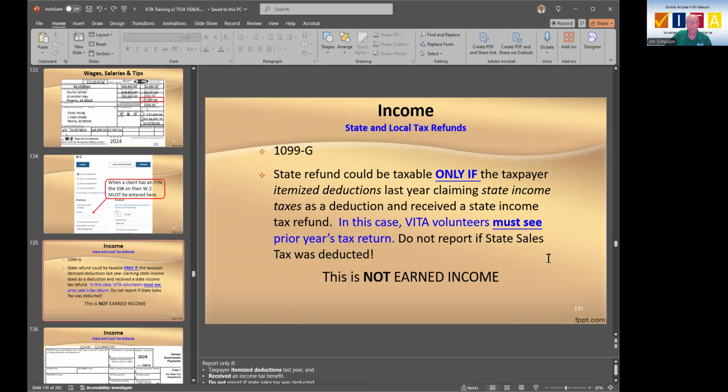1099-G, usually you'll see this, and here in Arizona, if you get an Arizona tax refund, it could be taxable if, and only if, you itemized deductions in the previous year instead of claiming the standard deduction. Now, there are 2 things I want to say about this.